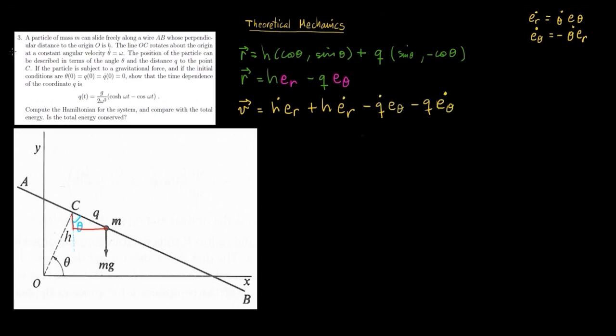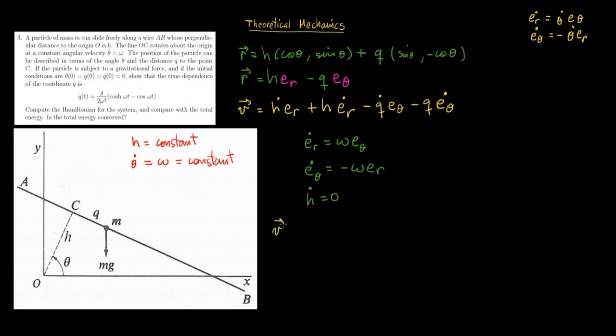Okay, and before continuing, we are going to remember the constraints, which are basically that h is a constant and the angular velocity is also a constant. E_r dot equals omega times E theta, E theta dot equals minus omega E_r, and of course h dot equals 0.